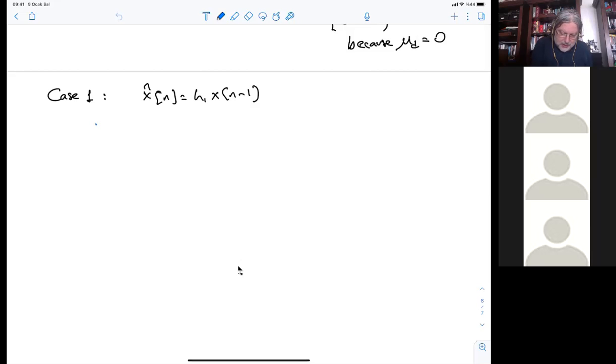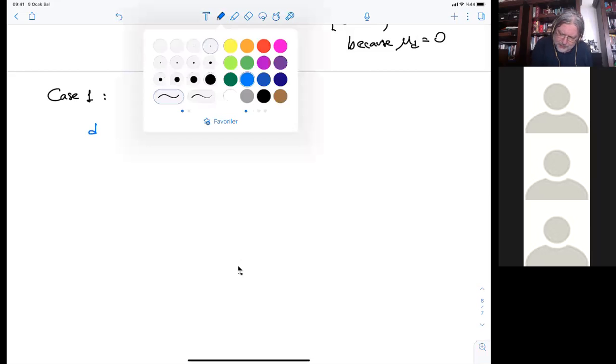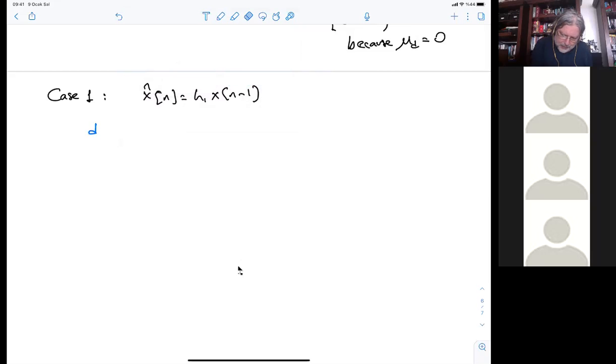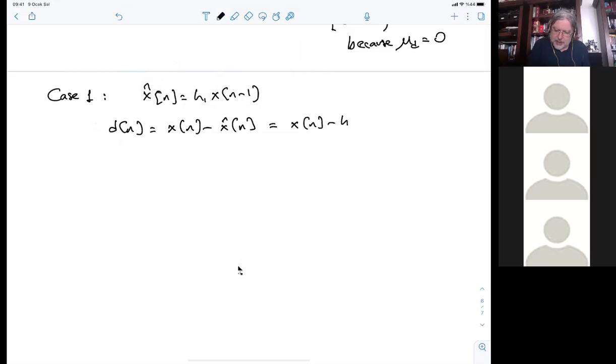For that, we will start by defining a prediction error or difference d of n, which is x of n minus x hat of n, and it automatically becomes x of n minus h1 times x of n minus 1.